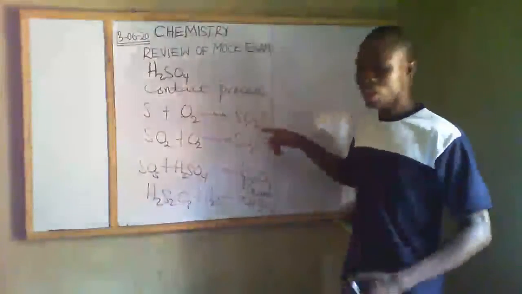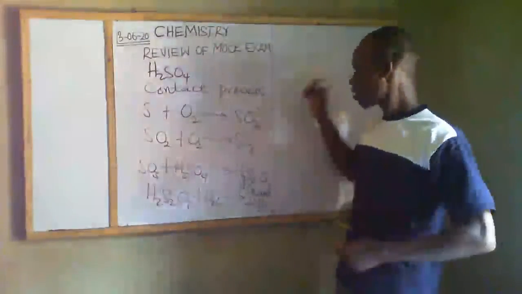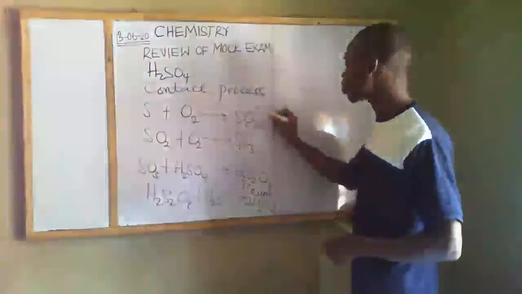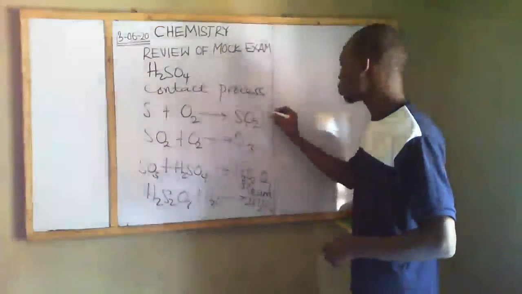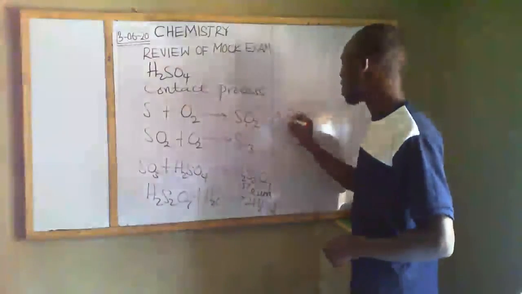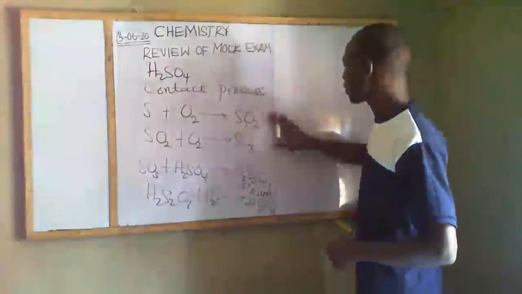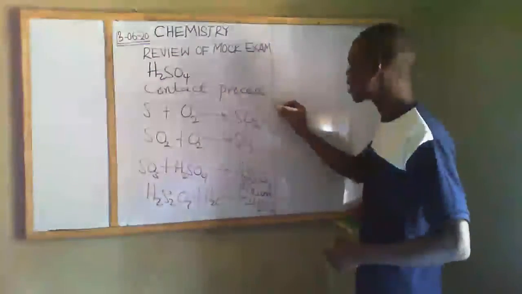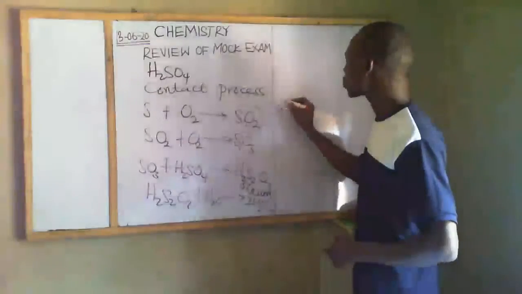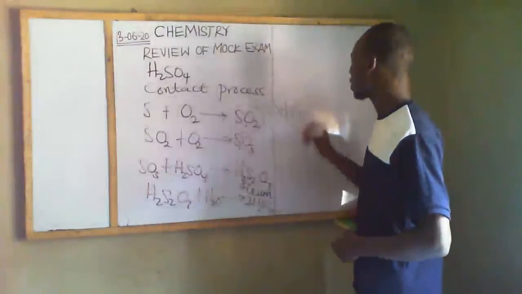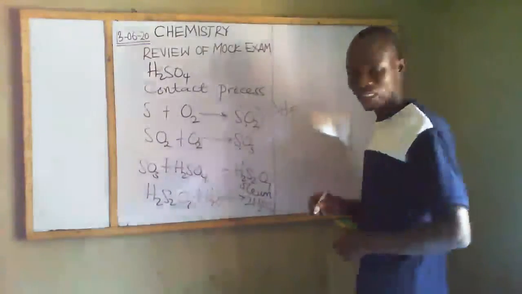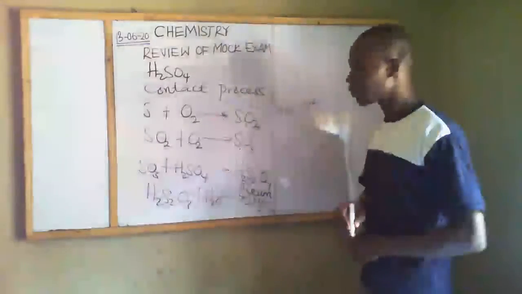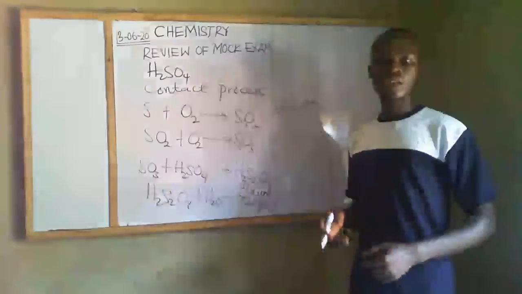One thing you need to know is that the reaction is exothermic, meaning that heat is liberated, given out from the reaction. You know how to denote an exothermic reaction: there is a negative enthalpy, meaning that the reaction is giving out heat to the surroundings.